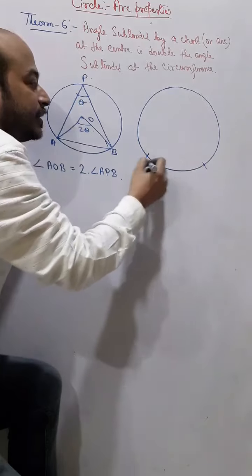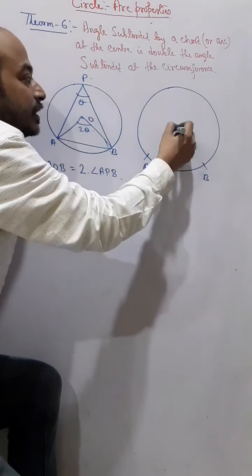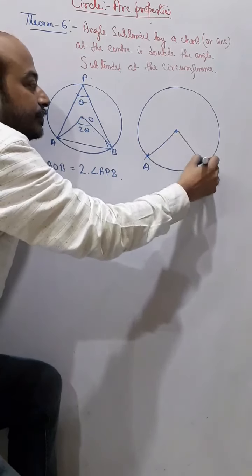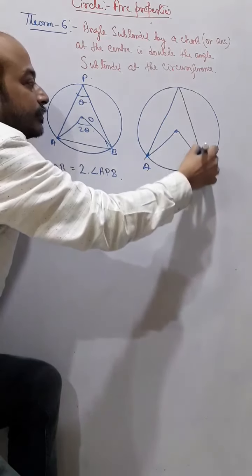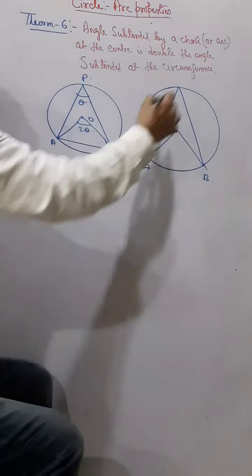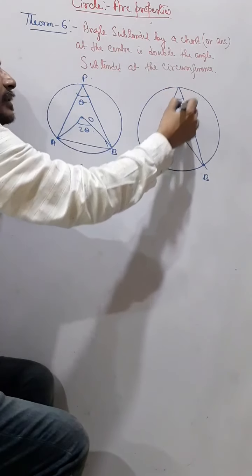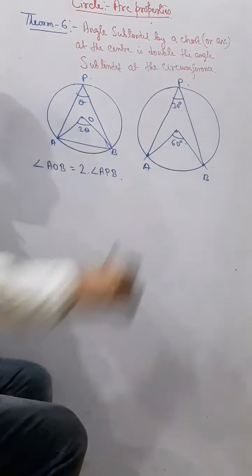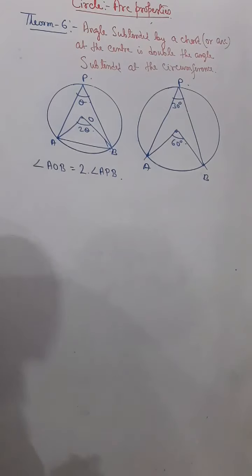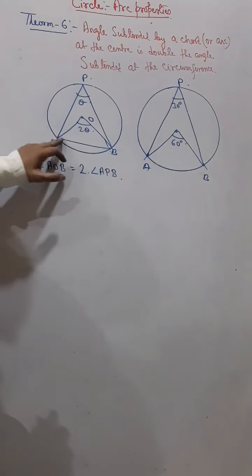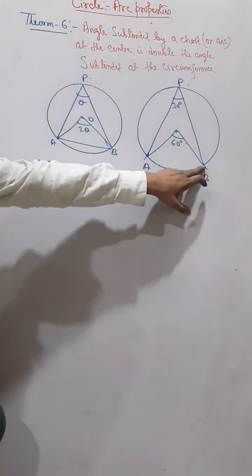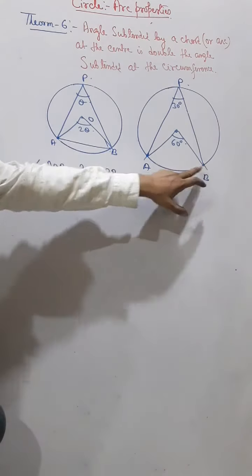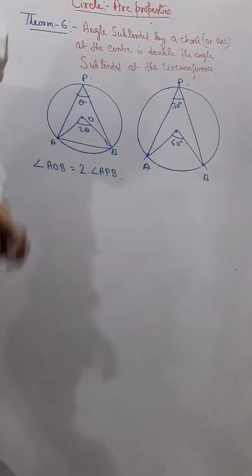If this is arc AB, and this is the center, then suppose if this is 30 degree, then this will be 60 degree. So simply, we can say that the angle subtended by a chord or an arc at the center is double the angle subtended at the circumference. Okay.